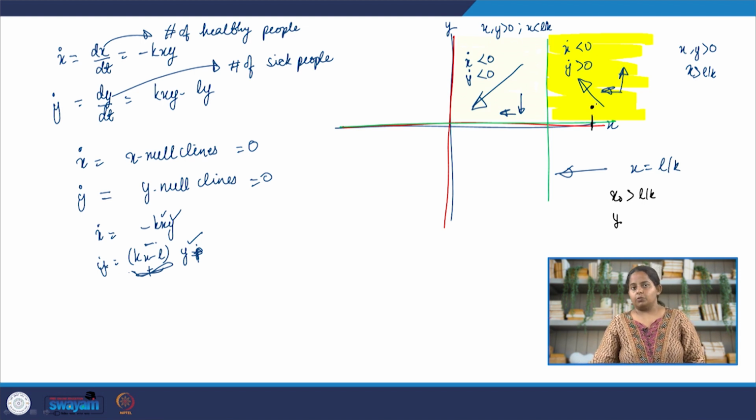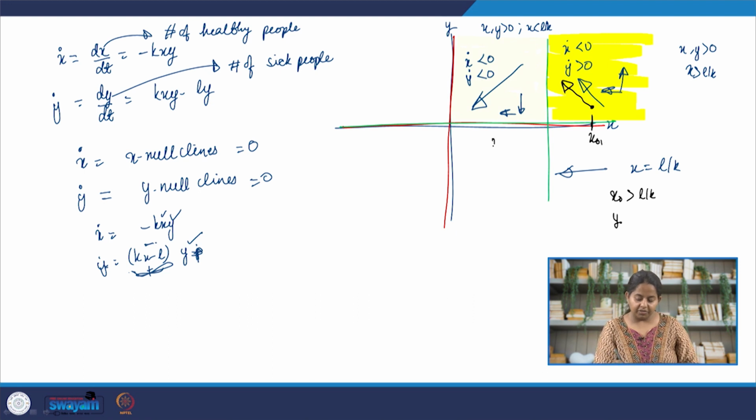Now since x naught is more than L by k, if you look at the direction in which the flow is happening, the flow will eventually take me in this direction, which means over time, if my initial number is more than L by k, then according to this model, number of healthy people will go down, number of sick people will go up, y is increasing and x is reducing. So this is x naught 1.